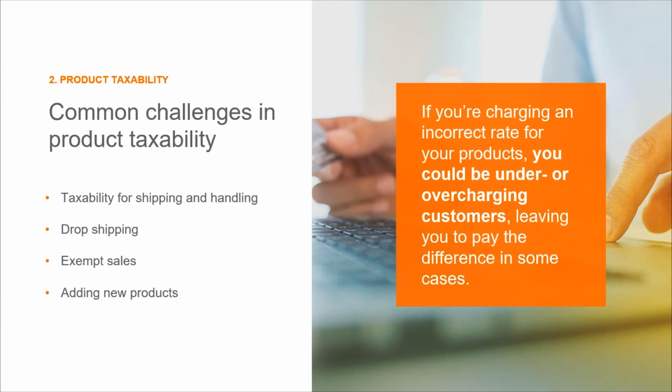The scenario for drop shipments is if a manufacturer sells to their distributor and that distributor sells to the end consumer, and the manufacturer has Nexus in the state where the end consumer is, the distributor directs the manufacturer to ship it directly to their customer, but the distributor does not have Nexus in that state. How can the distributor document that it is truly a sale for resale?